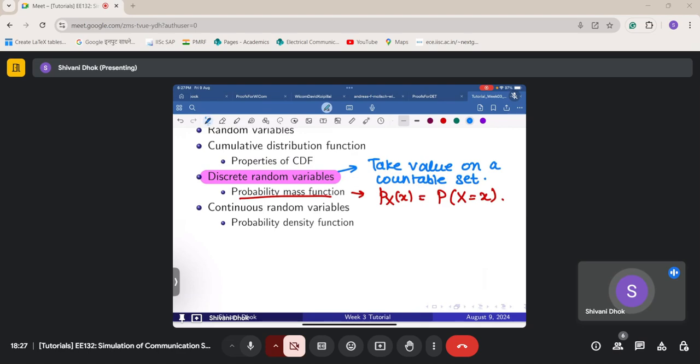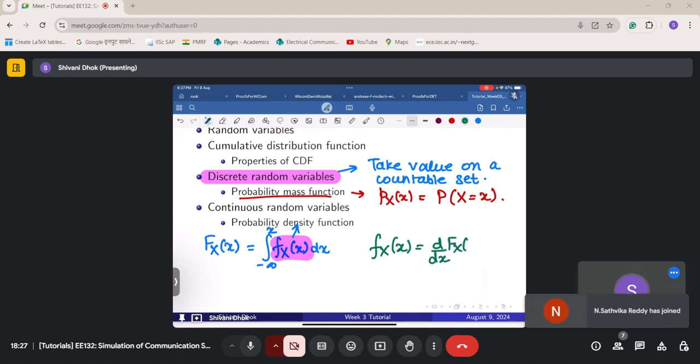For continuous random variables we can write the CDF Fx of x as the integral from minus infinity to x of fx of x dx, where this small fx of x is known as the probability density function, and we can find it as the derivative of the CDF. So this is the continuous random variable and its corresponding PDF, and how we can find the CDF using the PDF, that is the probability density function.